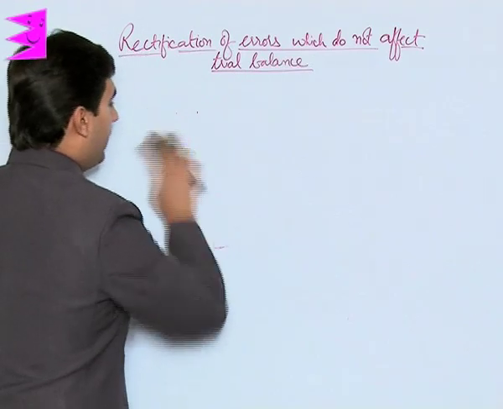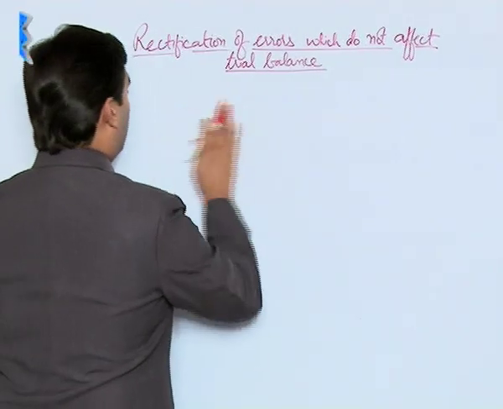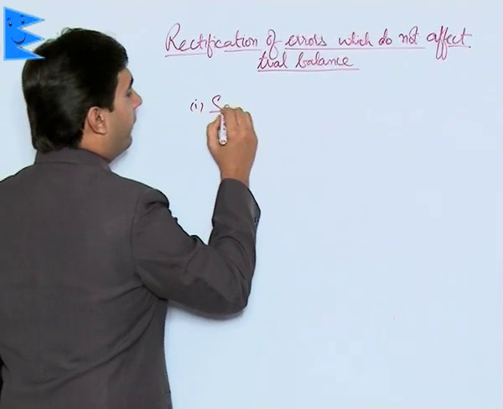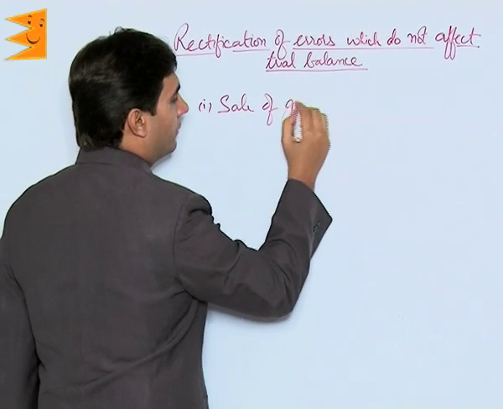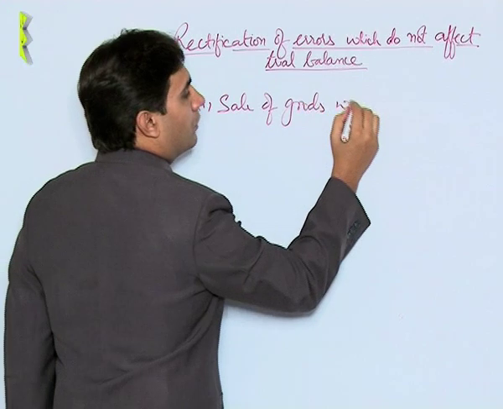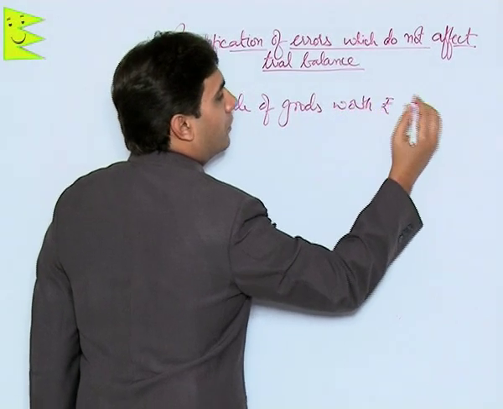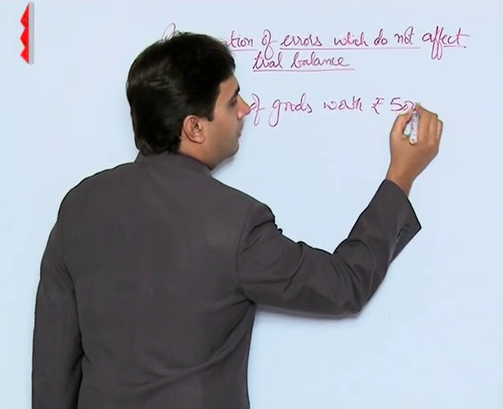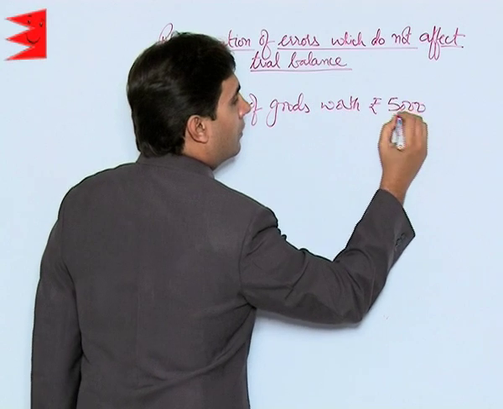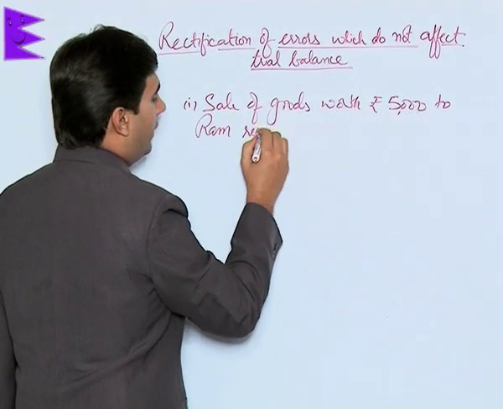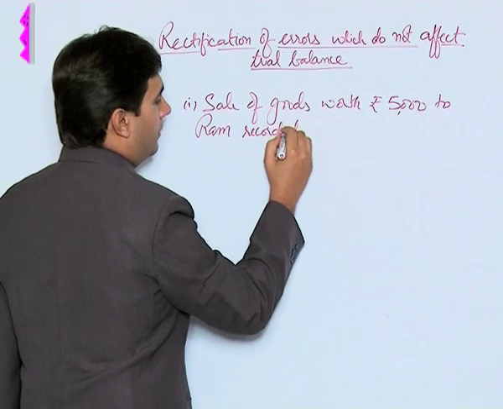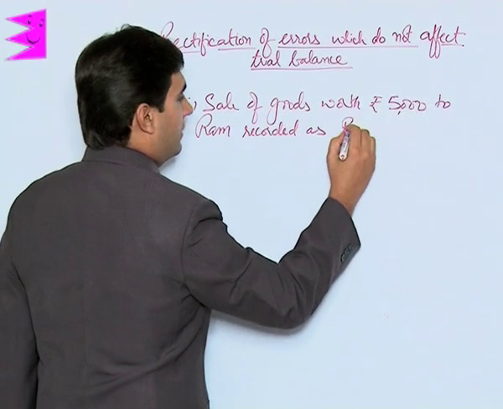The example that I'm going to take is sale of goods worth rupees 5,000 to Ram, recorded as purchases.